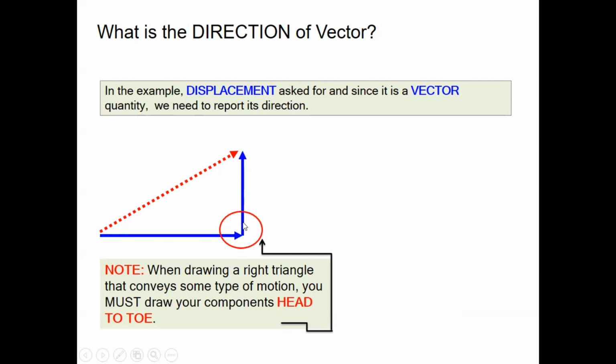So we join the head with the tail, and the resultant vector will be this, from head to tail. We must have the components.